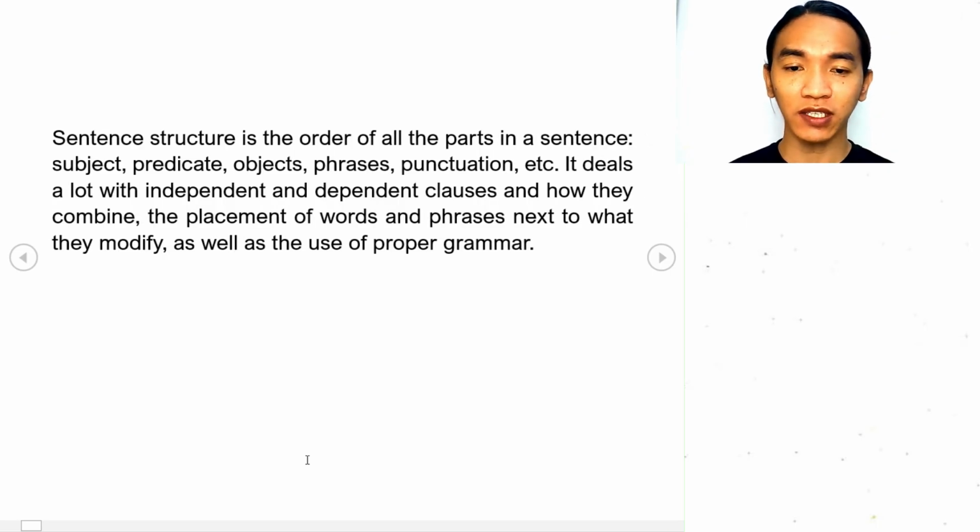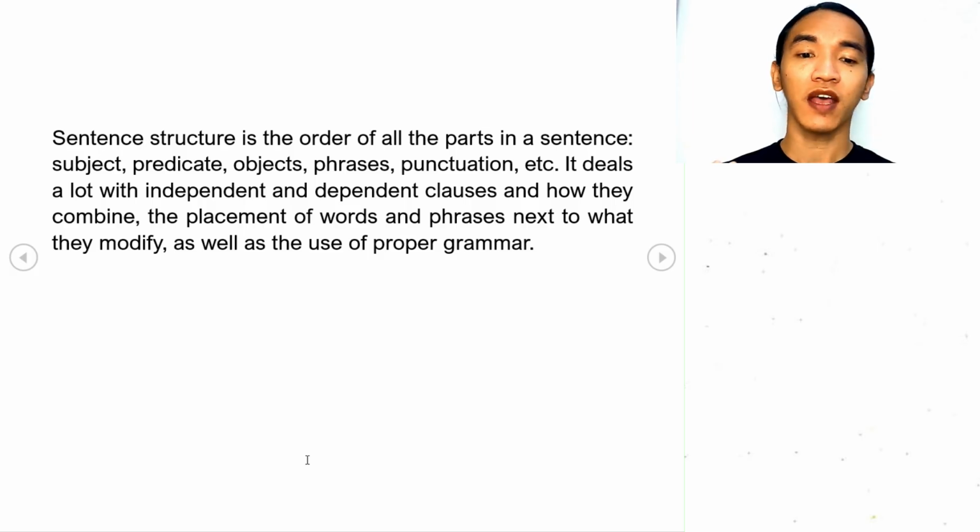Sentence structure is the order of all the parts in a sentence, such as your subject, your predicate, your objects, phrases, punctuation, and etc. It deals a lot with independent and dependent clauses and how they combine, the placement of words and phrases next to what they modify, as well as the use of proper grammar. So remember, from the word itself, sentence structure is when we properly construct a sentence, how we form it, and how we put the parts together.